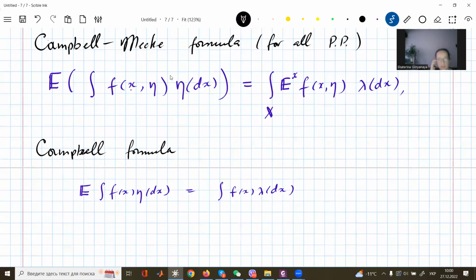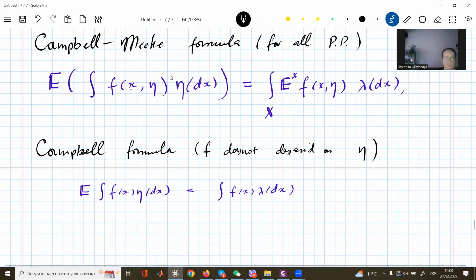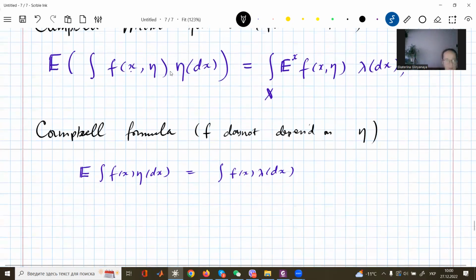So you can consider this formula as a simple case of the previous one, where f does not depend on the second argument eta.